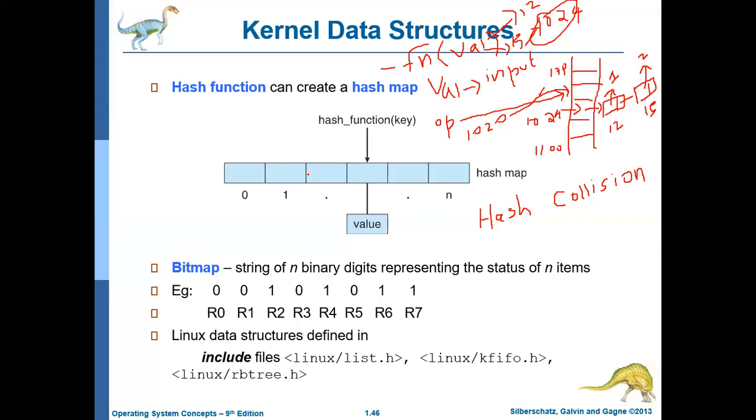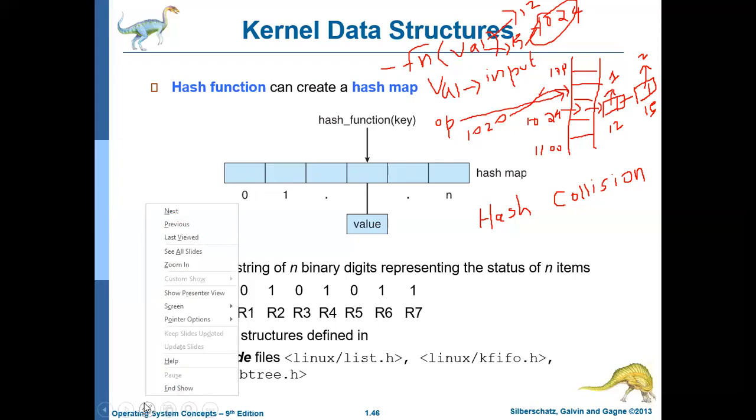The operating system can overcome hash collision by connecting a linked list to that particular location. But still, if the degree of collision is high, that is, if more collisions are created by the particular hash function, then the performance will degrade.